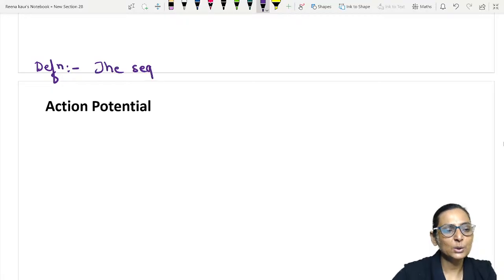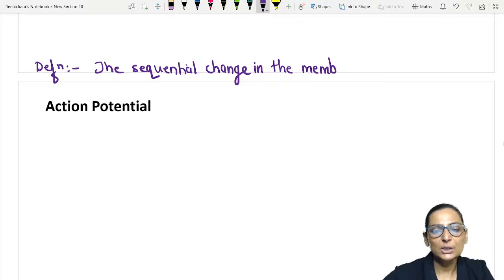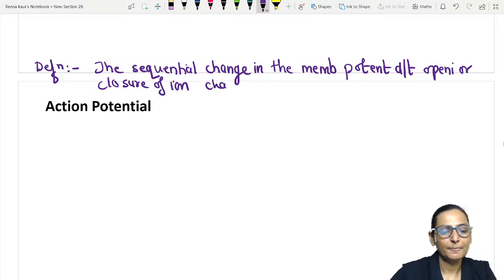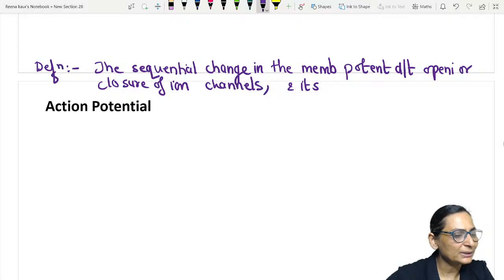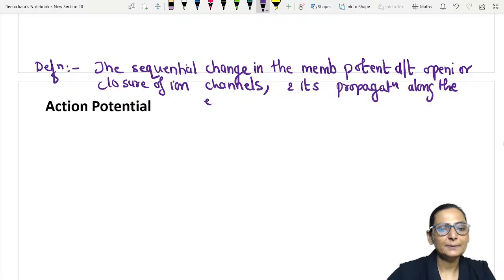It is defined as the sequential change in the membrane potential due to opening or closure of ion channels and its propagation along the excitable tissue.